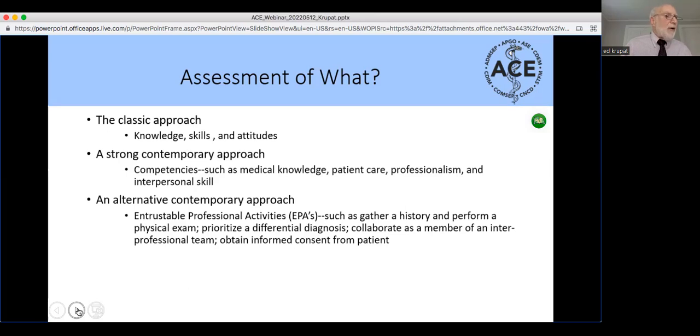And then, around 1999 it was, I think the ACGME came out and said, you know, this is not specific, this is not measurable. We want to talk about competencies. And I would guess that everybody in the room has heard about the 6 ACGME competencies: medical knowledge, patient care, professionalism, etc. And they said, these are measurable.